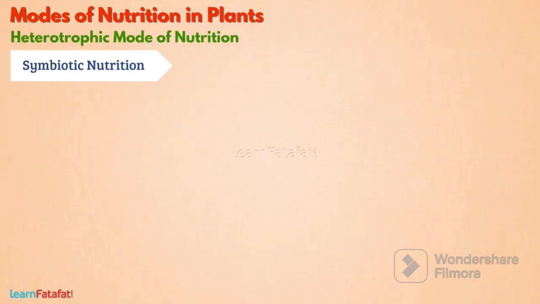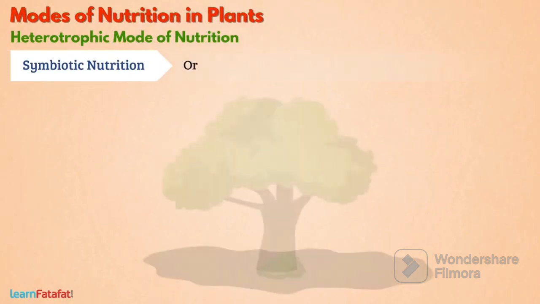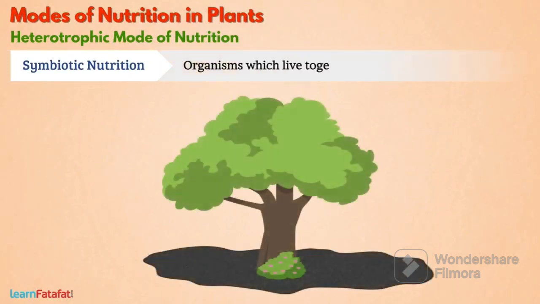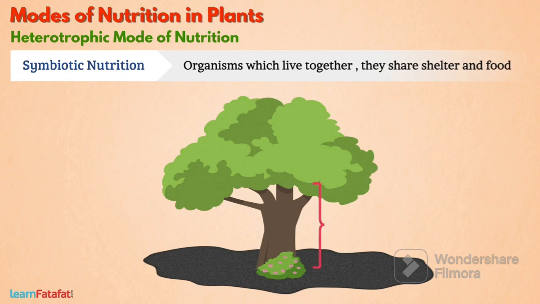Symbiotic nutrition. There are some organisms which live together like friends. They share shelter and food. In science, we call such a relationship a symbiotic relationship.